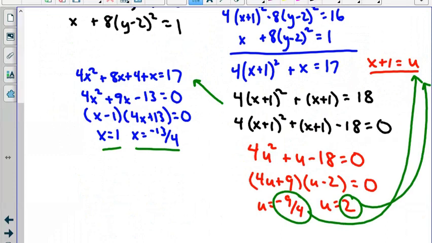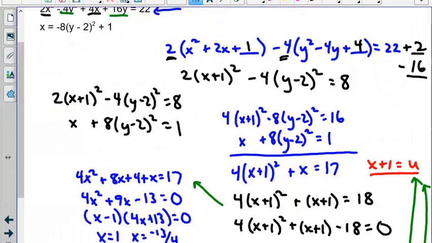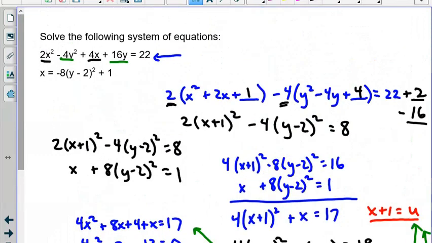Okay, so in this problem, we got x equals 1 and x equals negative 13 fourths. And then we would want to substitute these back in. So I'd probably take this equation, or this equation, either one, but that ends up being something that's a little bit easier to work with and manipulate.